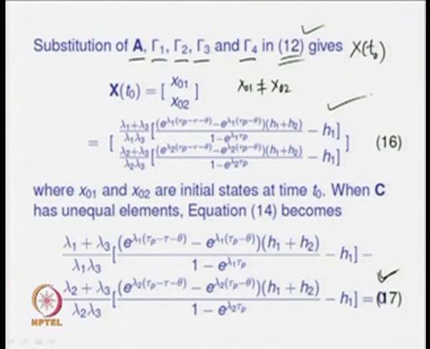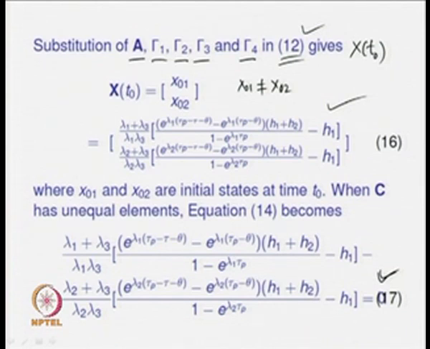In the second case, the expression we get is x02 equal to (lambda 2 plus lambda 3) upon lambda 2 lambda 3 times the corresponding expression minus h1. Keep in mind that only when lambda 1 is equal to lambda 2 will the two be equal. So x01 will be equal to x02 when lambda 1 is equal to lambda 2. In that case, we will have some problem.